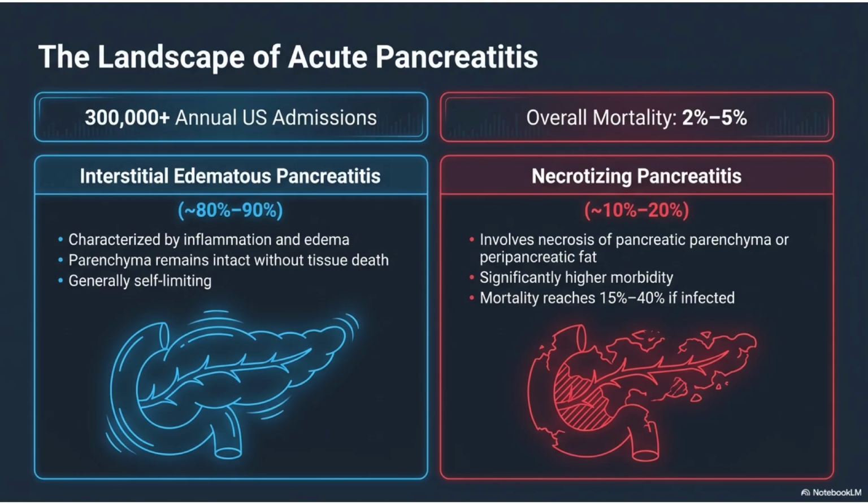So you have interstitial edematous pancreatitis; up to 80 to 90% of all pancreatitis cases present this way. It's characterized by inflammation and edema surrounding the pancreas, and also organ failure and third spacing if it progresses. It is generally self-limiting. Just pain management and IV fluids is enough for that.